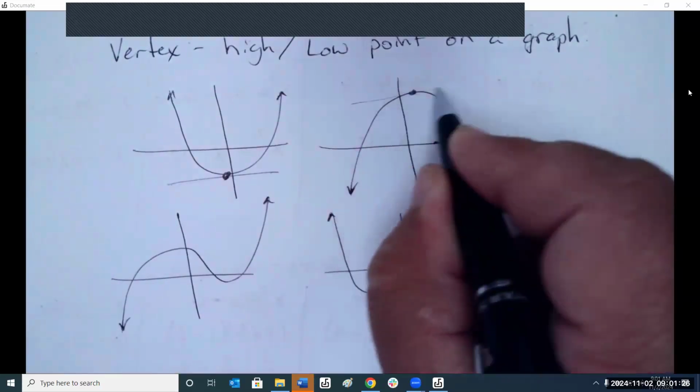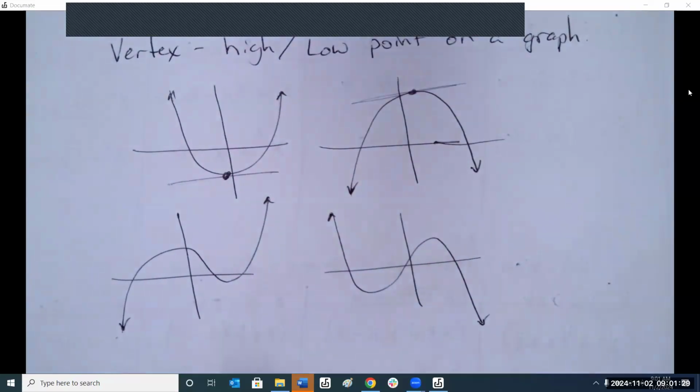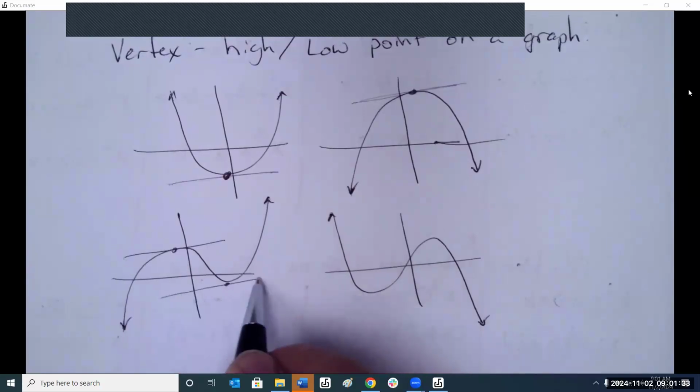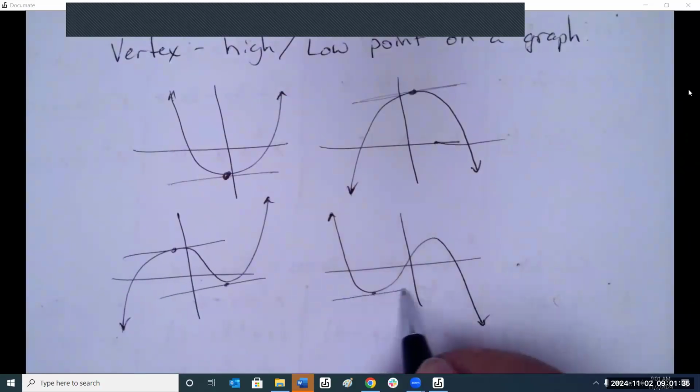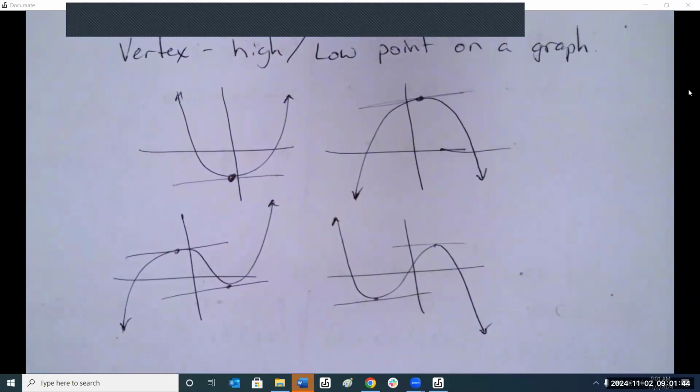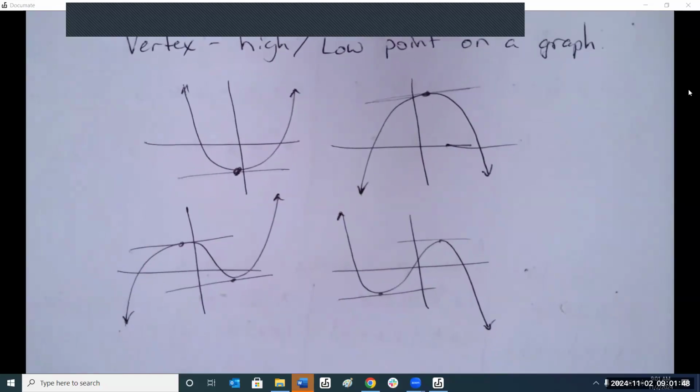This point here, that's a vertex. That point there, that's a vertex. That's a vertex. So a vertex, what really defines a vertex?